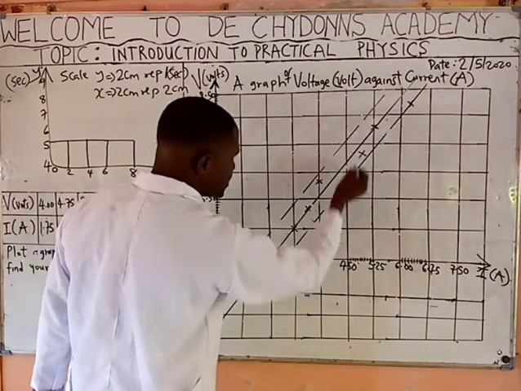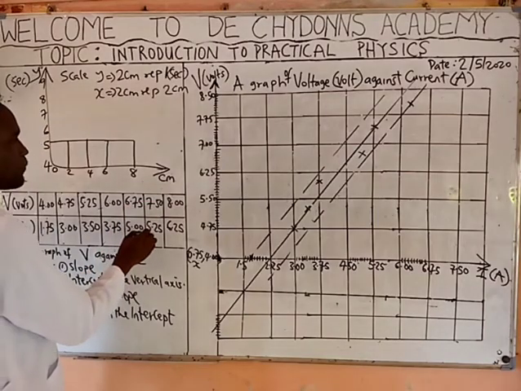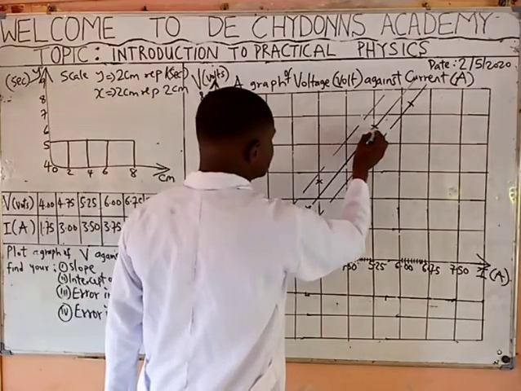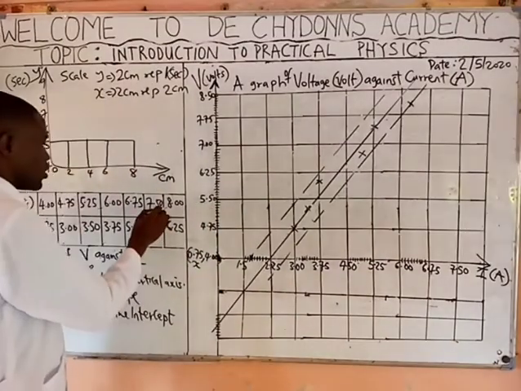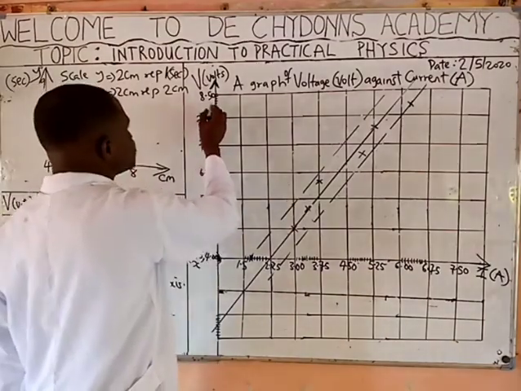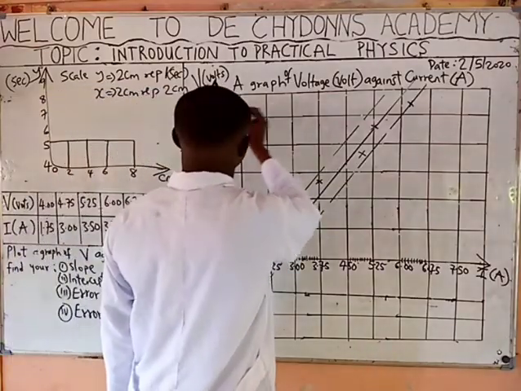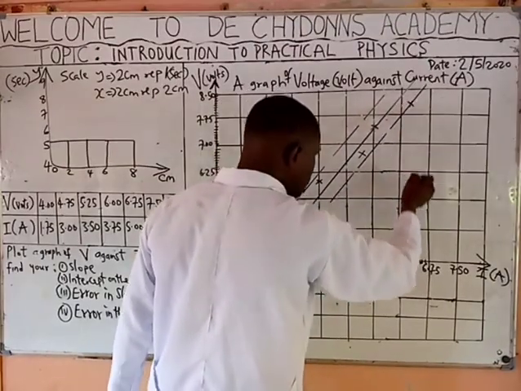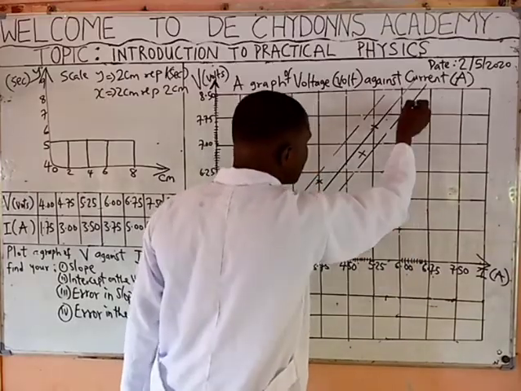So they meet here. Then 7.5 against 5.25. 7.5 should be around here against 5.25. So they will meet here. Then 8 against 6.25. 8 should be around here because it's in between 8.5 and this. Then 6.25 should be between 6 and this 6.75. So they will be around here.